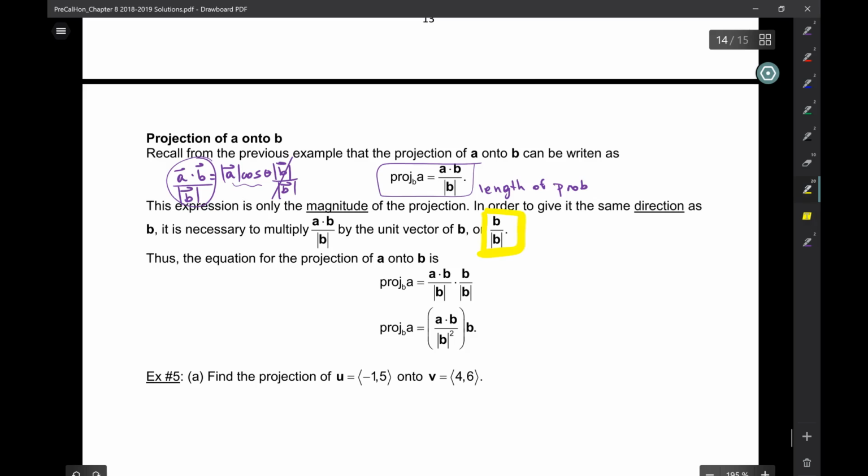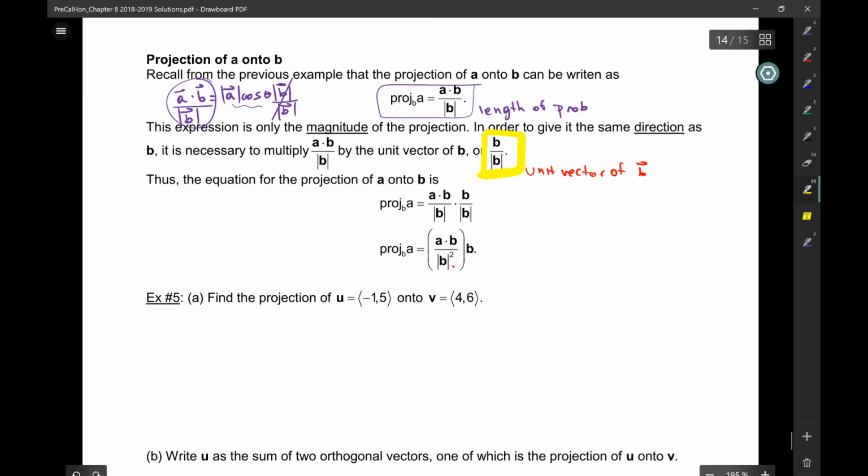This is the unit vector for B. So now I take the length of the projection times the unit vector, right? And look at what I have. If I multiply the bottom here, I have unit magnitude times magnitude, magnitude squared. So this is the projection.